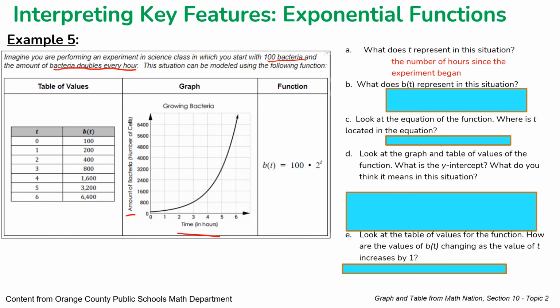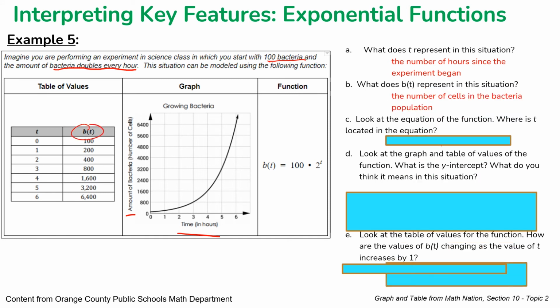B, what does B of T represent in this situation? So we have B of T here, and that is represented by the number of cells in the bacteria population. And so we have our time here, time it takes, and then this is the number of cells each time. So 100, 200, so it doubles every hour.